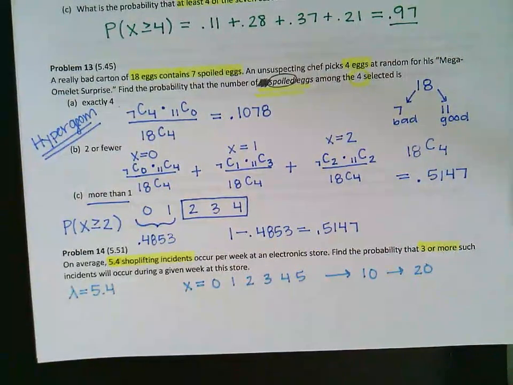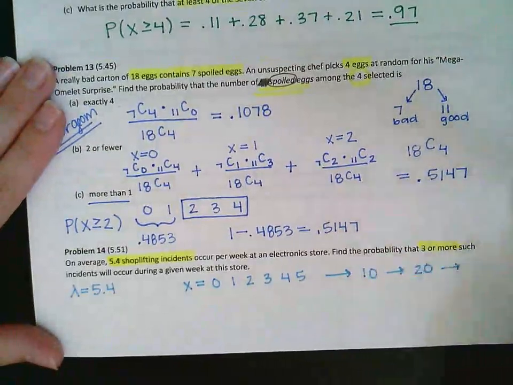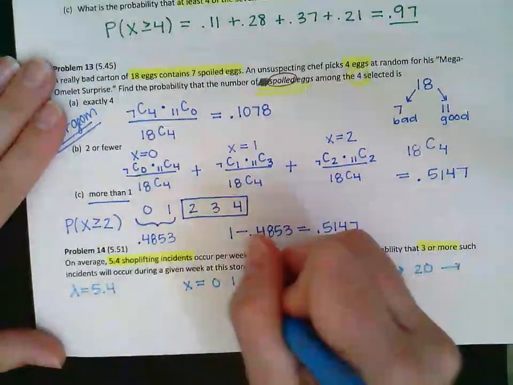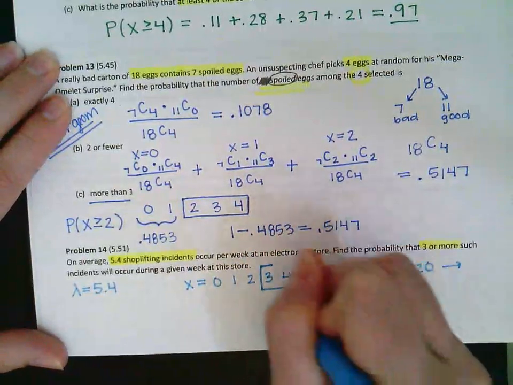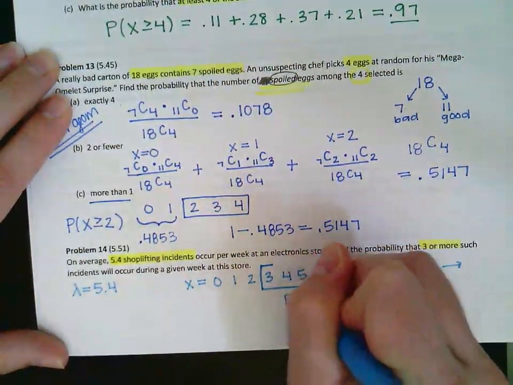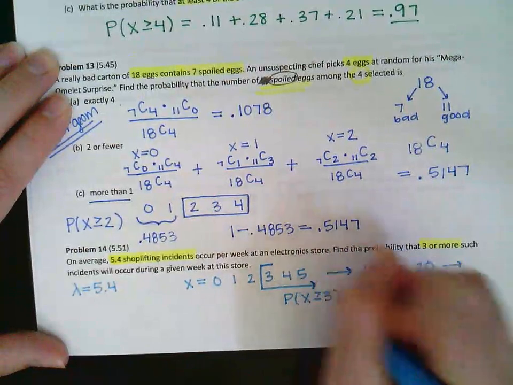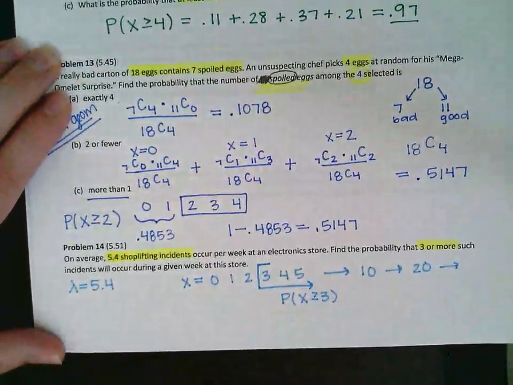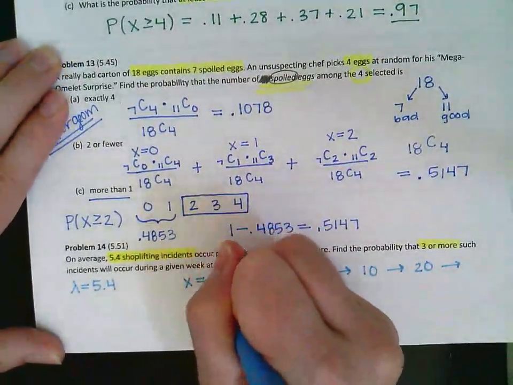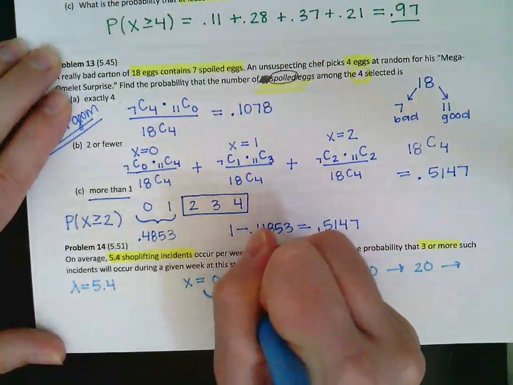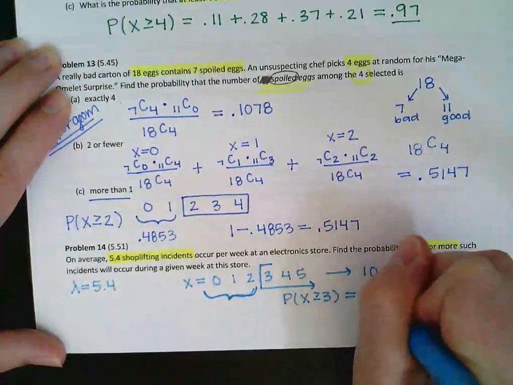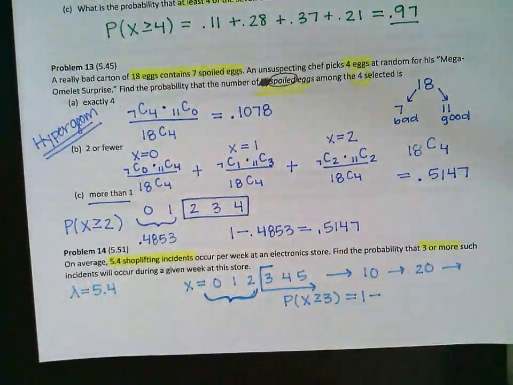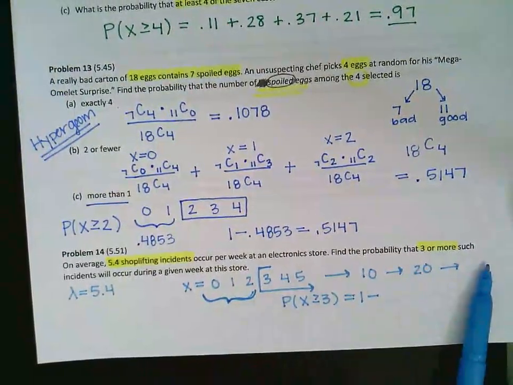I just know that the average is 5.4. I could technically continue on and on forever. So if I want the probability of 3 or more, that would be the same as finding these probabilities right here, and then doing 1 minus that, and that would find me the other side of that distribution.